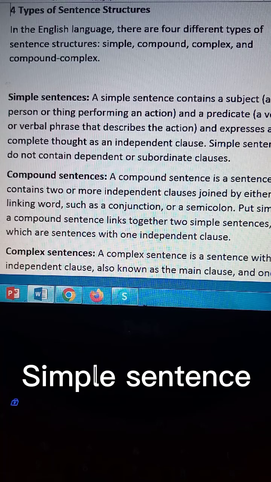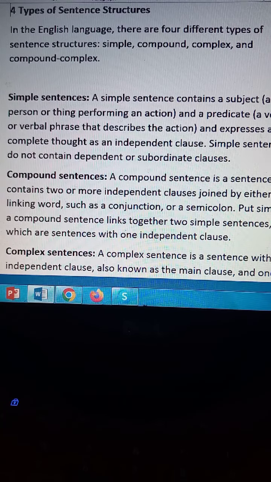Simple sentence. As you can see, a simple sentence contains a subject, a person or thing performing an action, and a predicate. A predicate is a verb or verbal phrase that describes the action, right?